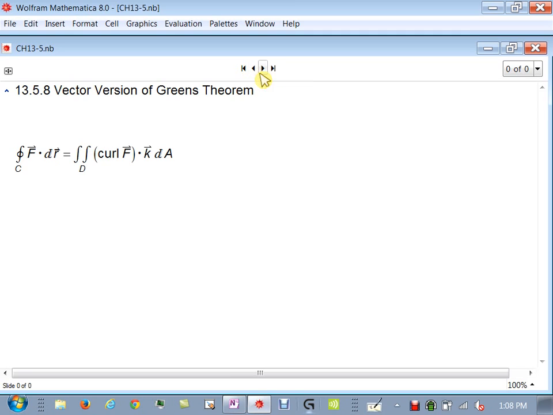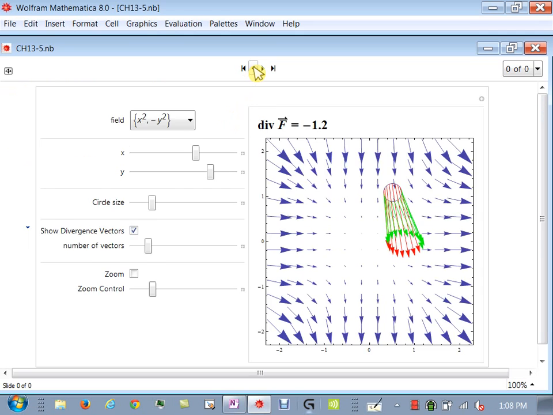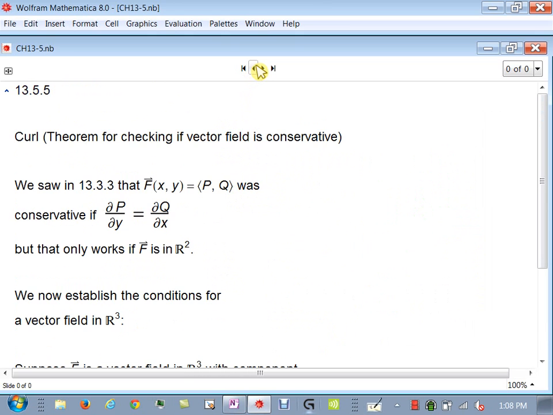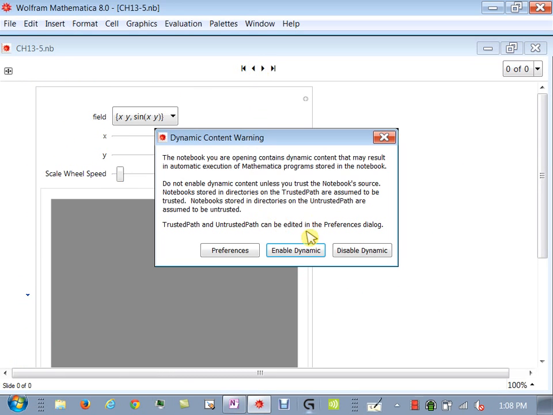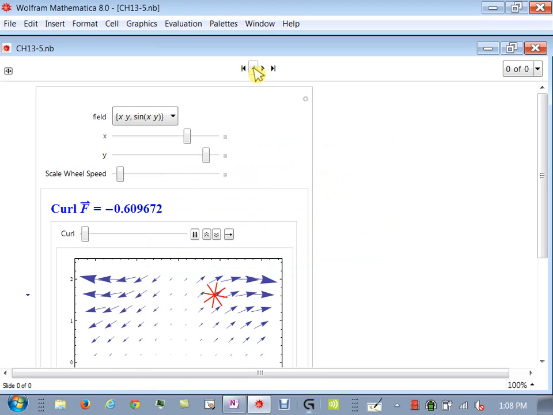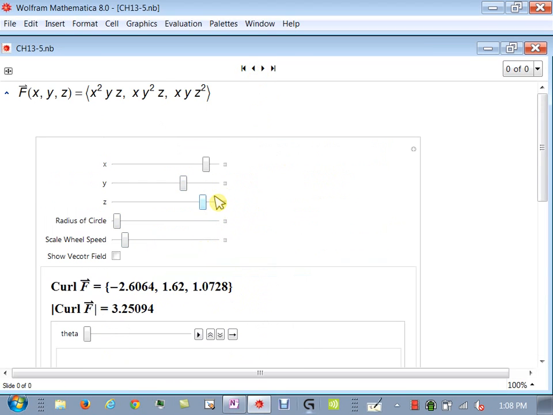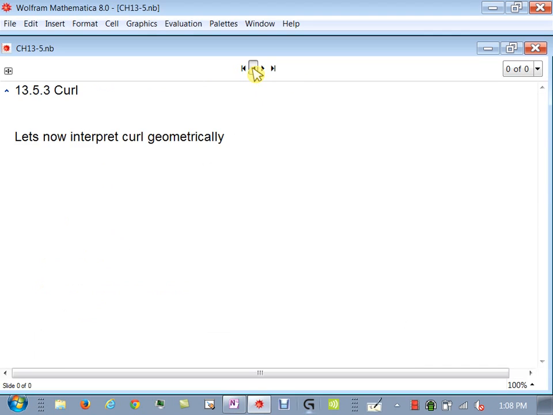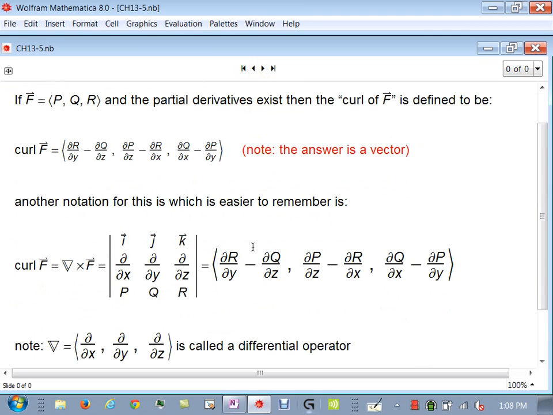Well, the curl, if you go back and look at curl, the last component, the k component, is partial Q with respect to x minus partial P with respect to y, right?